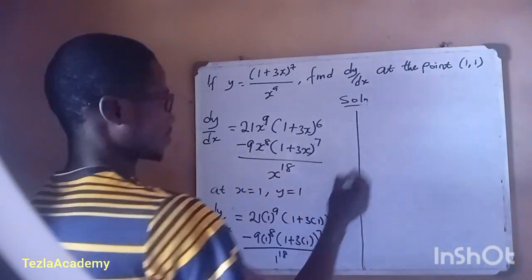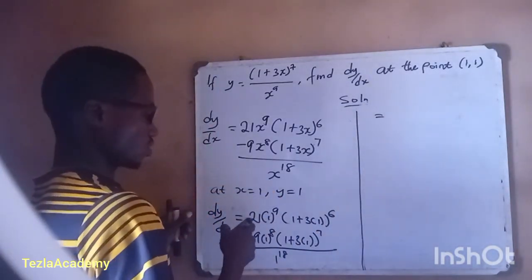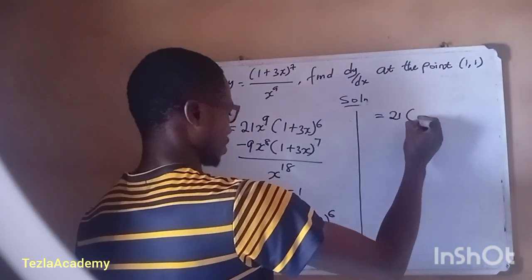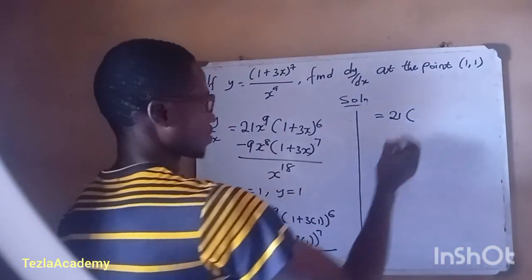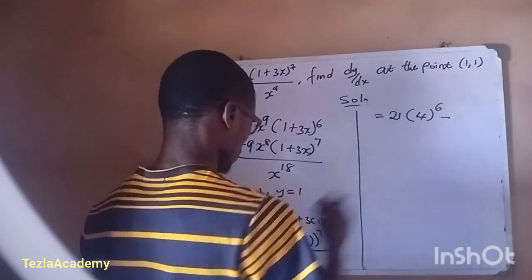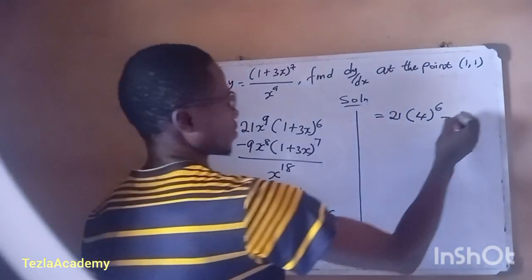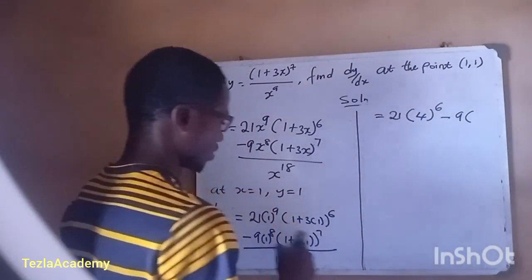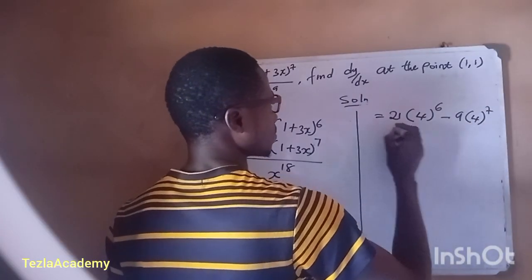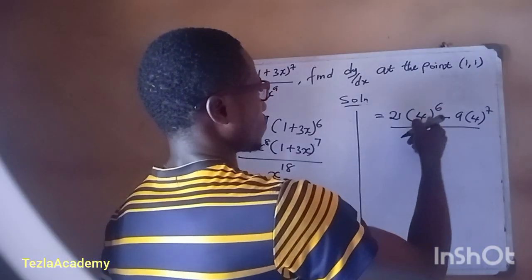So moving forward, 1 raised to power 9 is 1, 21 times 1 is 21, then 1 plus 3 is 4, 4 raised to power 6. Then minus 9 times 1, since 1 raised to power 8 is 1, so 9 times 1 is 9. Then when you simplify inside, you also get 4 to the power 7 all over 1. So this is 4 raised to power 6 and this is 4 raised to power 7.